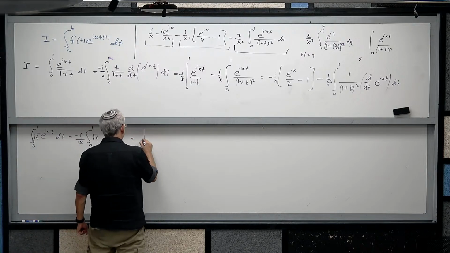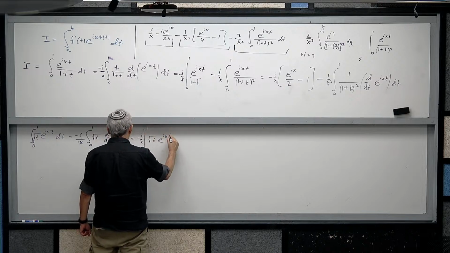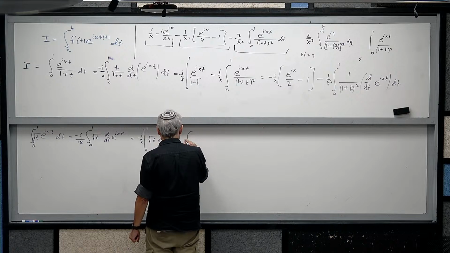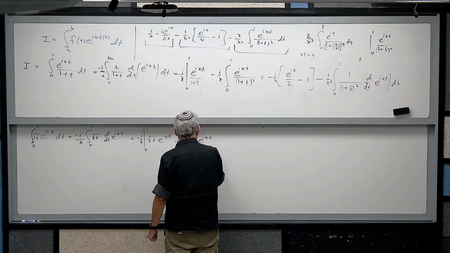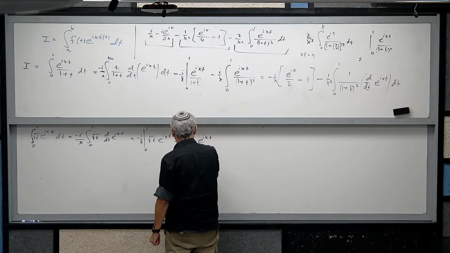And this will give us minus i over x, from 0 to 1, of square root of t e to the ixt, plus the integral from 0 to 1 of e to the ixt, but now I have to take the derivative of square root of t, which is 1 over square root of t, and I have 1/2.